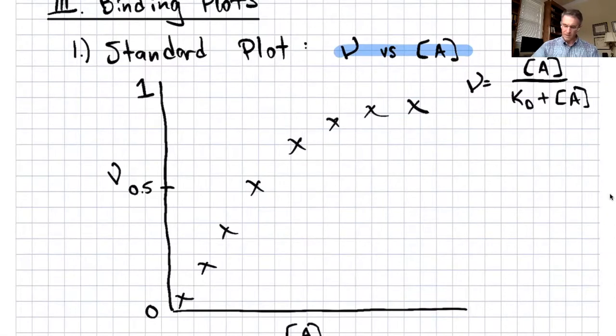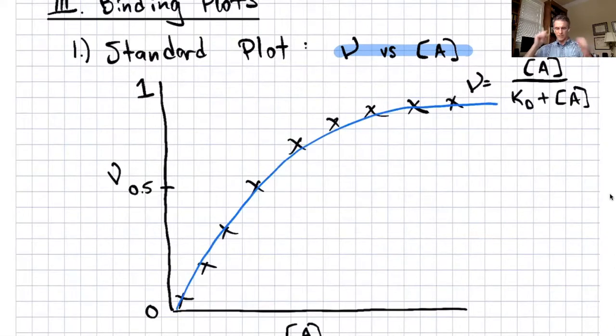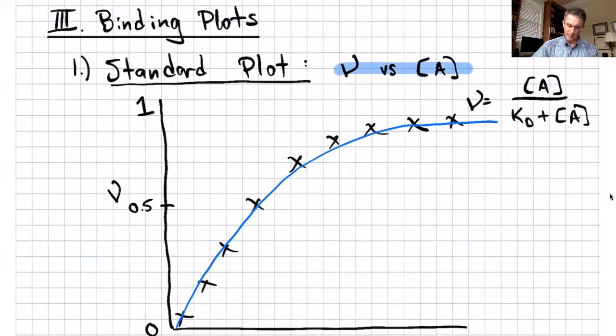This standard plot, which directly plots that titration data, gives you that nice expected hyperbola. It's the most simple, direct way to plot binding data. You're looking for and expecting something hyperbolic because that's what the equation says you should see.